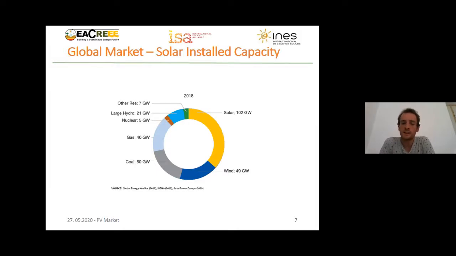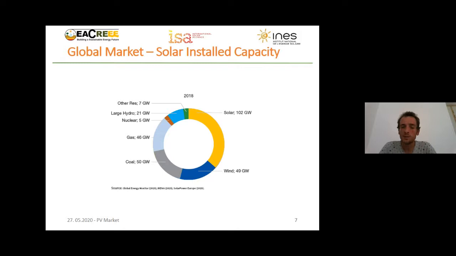Now we can take another graph for the global capacity to have a nice look at how solar accounts for this new capacity. So here is the added capacity in 2018, the newly installed power capacity in the world.